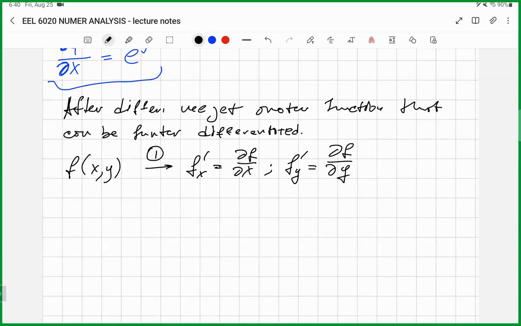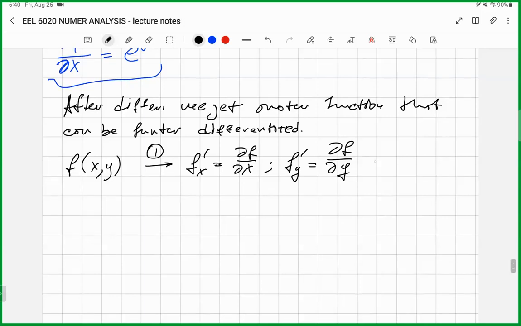But of course, this df over dx is another function, and it can also be differentiated.